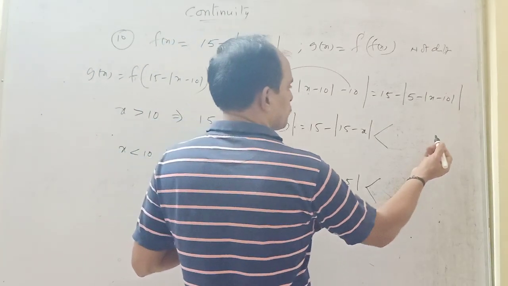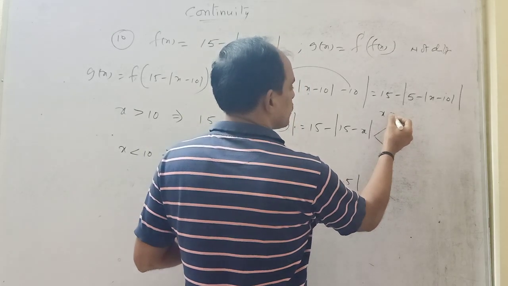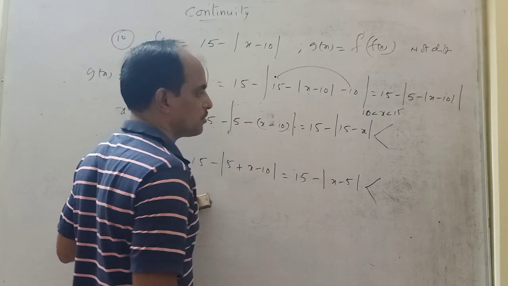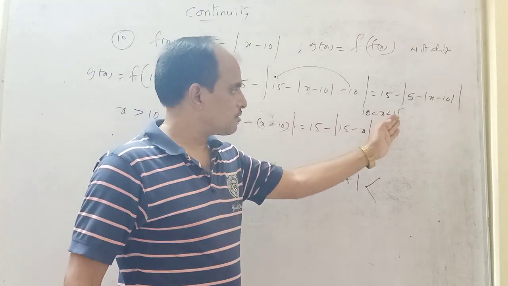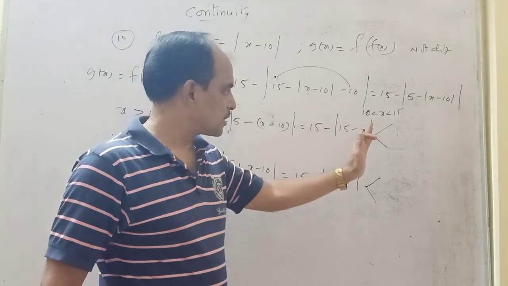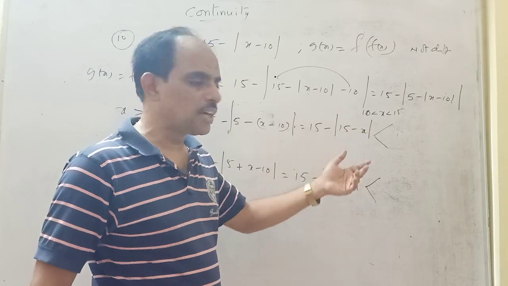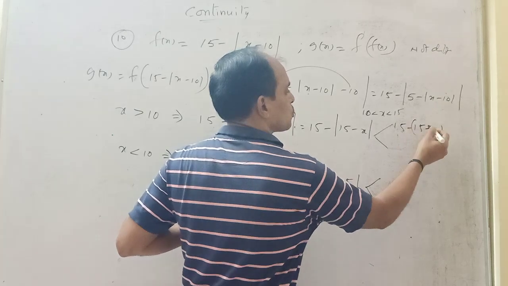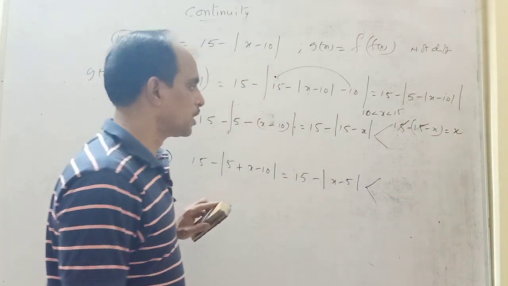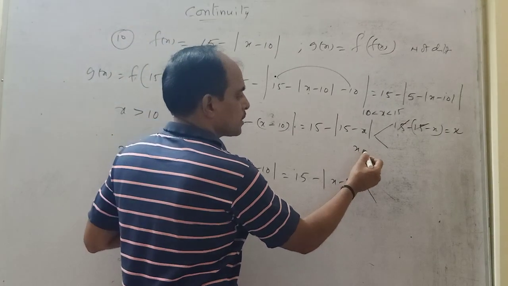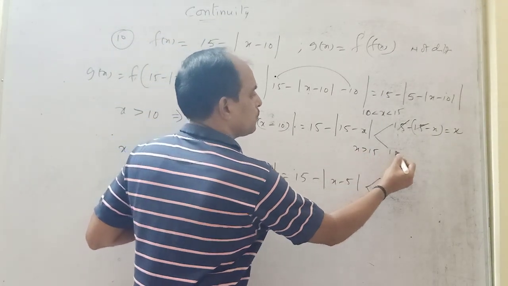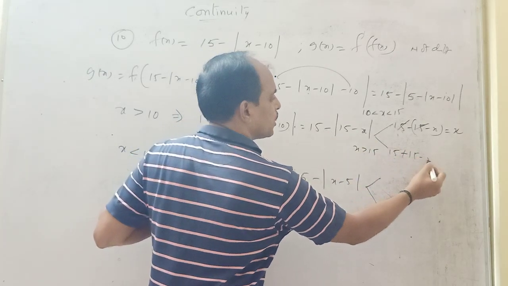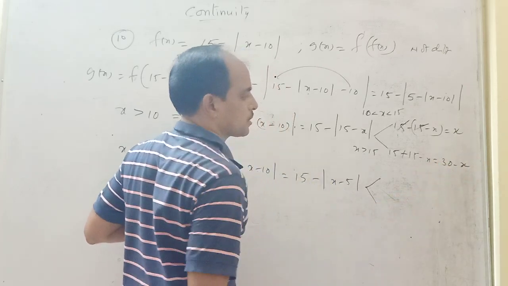If 10 is less than x less than 15, the value 15 - x is positive. So 15 - (15 - x), it will be cancelled and we have x only. Now x greater than 15, 15 - x is negative, so 15 - (x - 15), that is 30 - x.